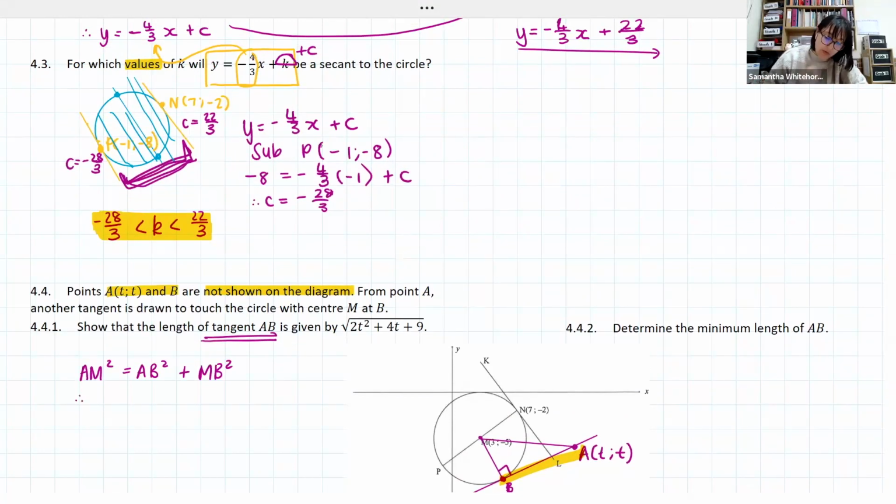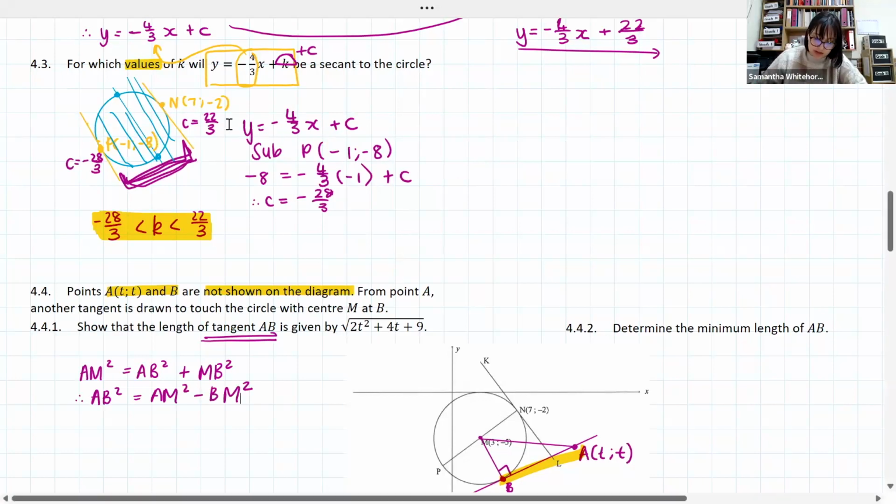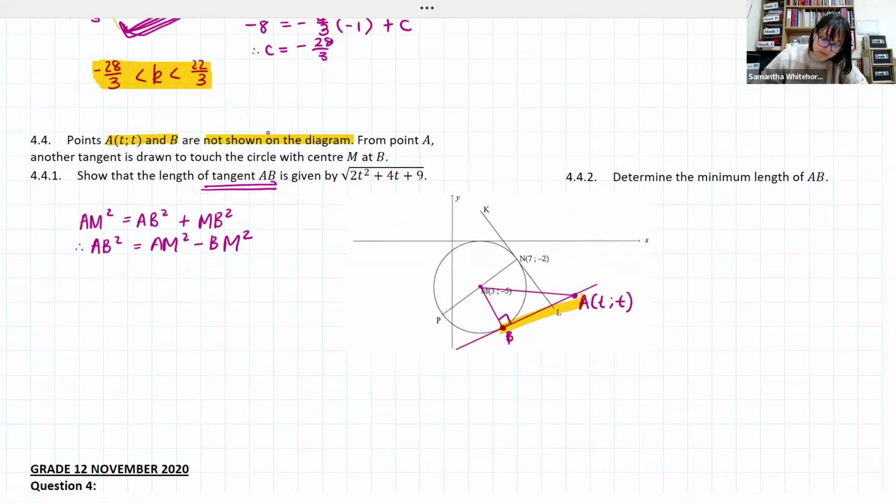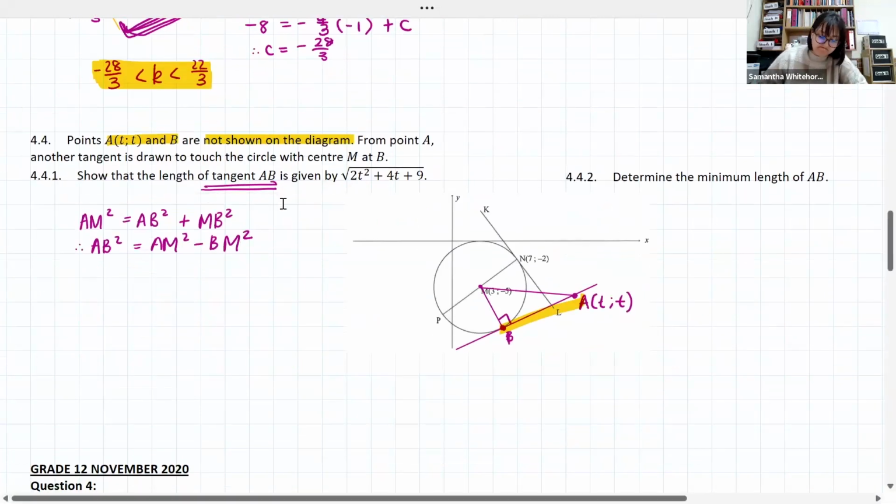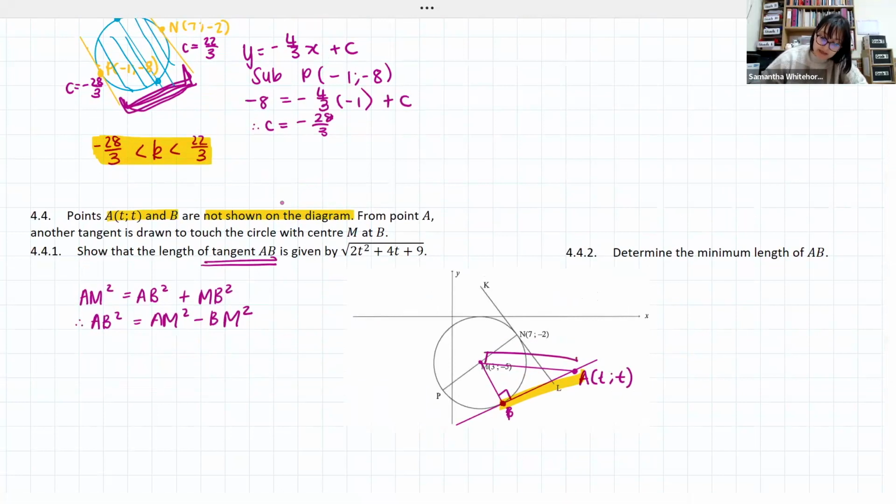We are looking for our tangent AB, which means that AB squared is equal to AM squared minus BM squared, or MB squared. A to M, remember, is a distance, so you can go and use your distance formula. It's not supposed to be particularly nice.